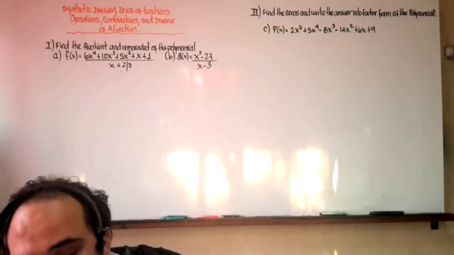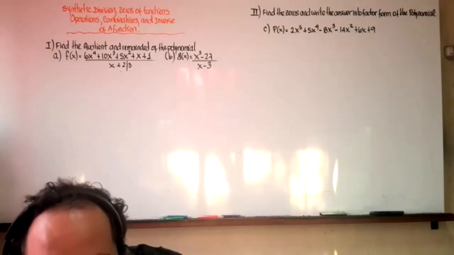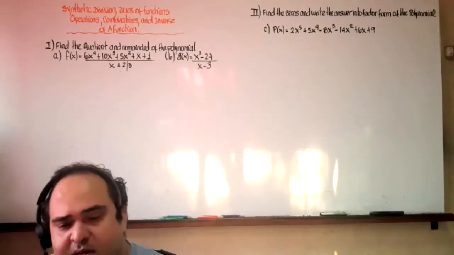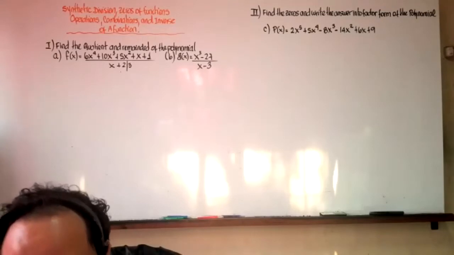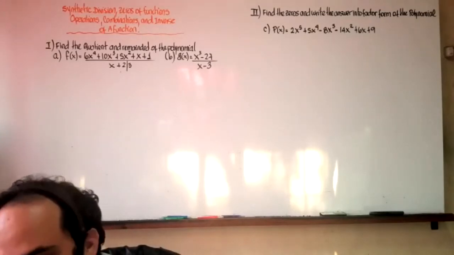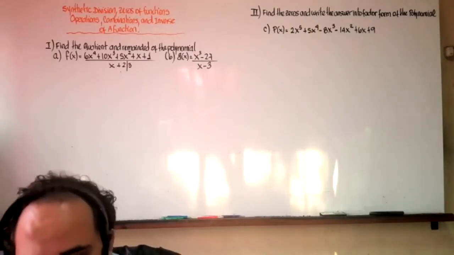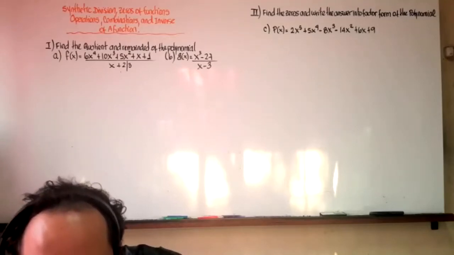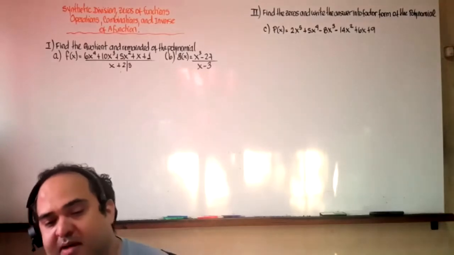Letter A: 6x^4 + 10x^3 + 5x^2 + x + 1 divided by x + 2/3. And the second part: g(x) = (x^3 - 27)/(x - 3).